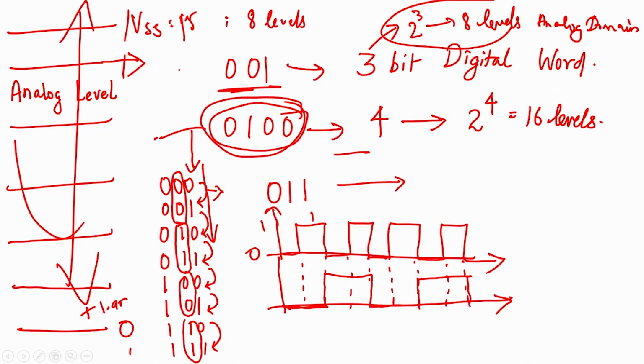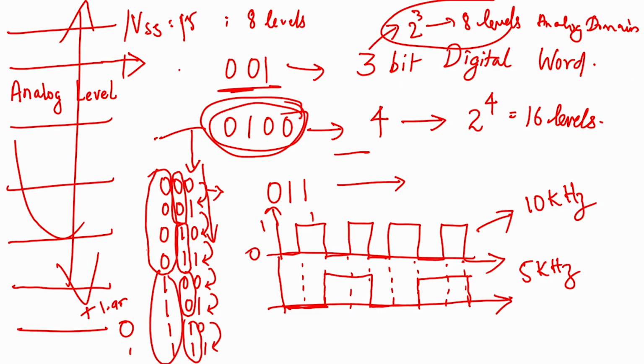Clear. So, let us say if this is 10 kilohertz, this would be 5 kilohertz, correct frequency. Now, take the other one, this guy is not changing for first 4 words and then only changing once. So, basically it is having a transition only once, correct. If we draw that, how will that look?